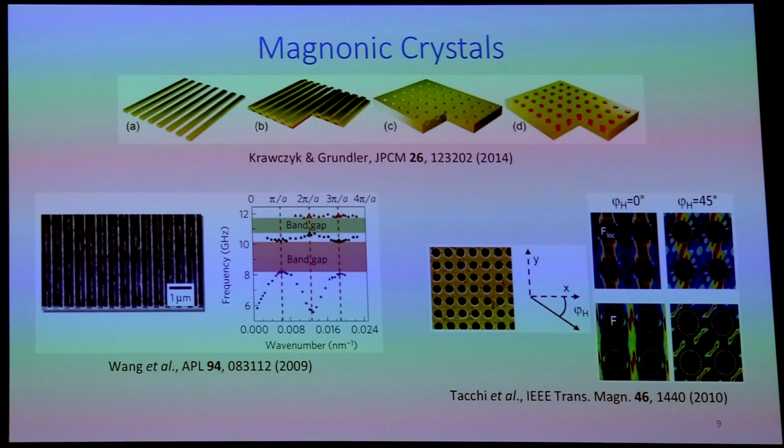You could have, for example, a periodic arrangement of nanostripes, or a slab with inclusions of a different material, or holes. And those would modulate the spin waves, giving rise to spin wave bands because of the periodicity in space, band gaps, and things we're used to from electronics. These are systems that, as I said, focus on transport of spin waves, how to control the transport of spin waves.